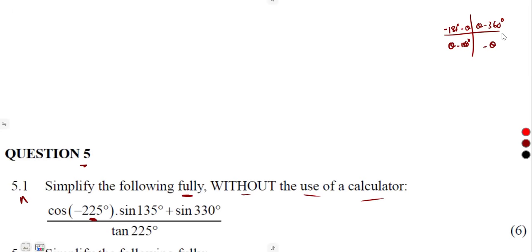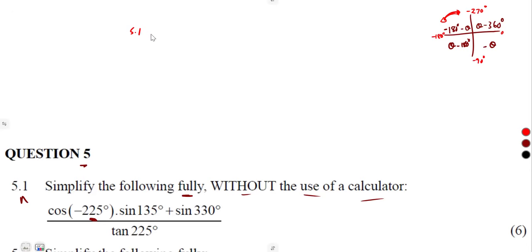So that will be something like 0 degrees, minus 90, minus 180, minus 270, and so on. So minus 225 is in between minus 180 and what? Minus 270. So those angles are written as minus 180 minus the theta, the acute angle.